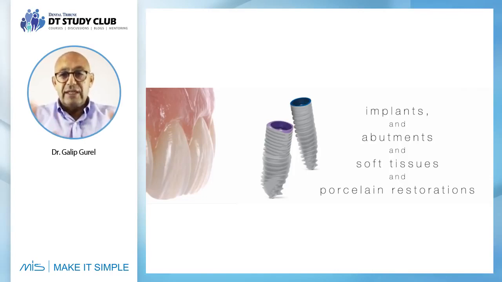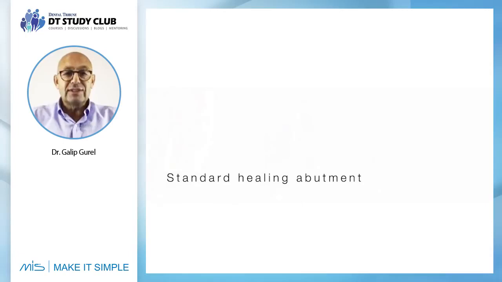Of course, the formation of the soft tissues plays an amazing role in the outcome of these restorations. So it's going to be implants, abutments, correcting the soft tissues, and the final porcelain restorations. When these are combined, we can talk about successful implant restorations.